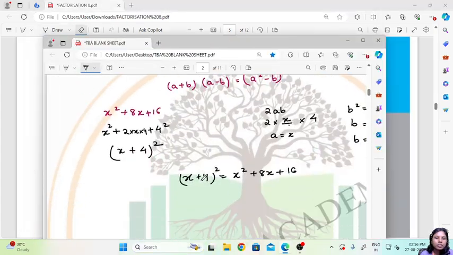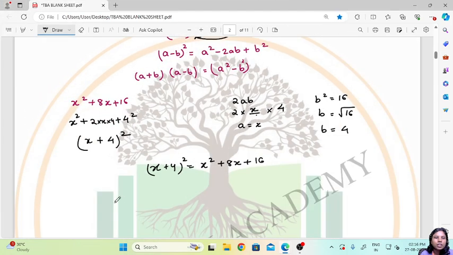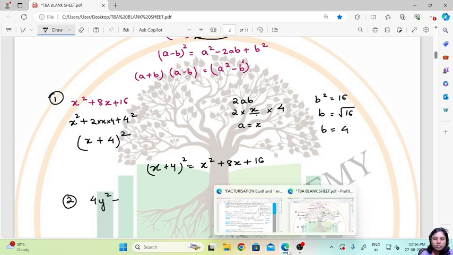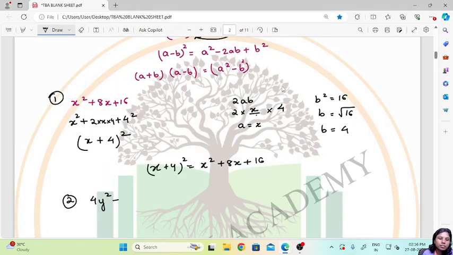Now the next one: 4y square minus 12y plus 9.